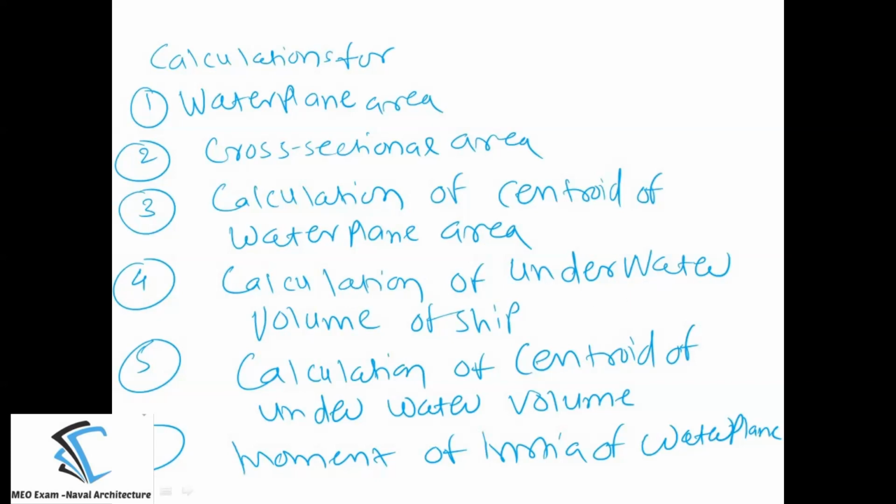Now, why was I using the word irregular bodies? If you see our ship, the ship is not a regular shaped body. If you see the ship from the top, it will look like this. What is the meaning of this? The forward part of the ship is narrow, then the parallel middle body is a little bit bulgy, and then again it becomes narrow.